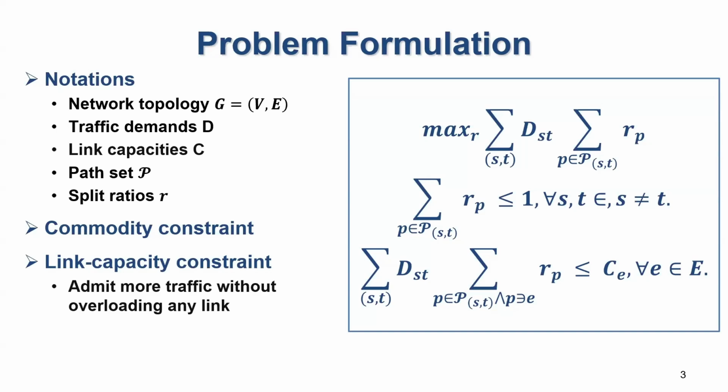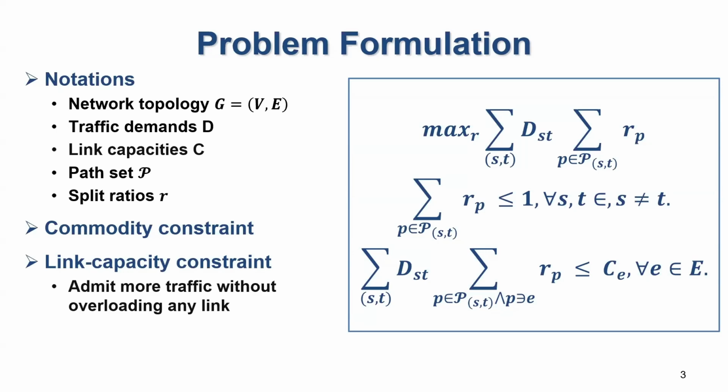For each source-destination commodity ST, DST is the traffic demand. PST denotes its candidate path set between S and T, and RP is the admitted fraction on candidate path P. The objective sums admitted traffic over every commodity and path. There are two kinds of constraints.